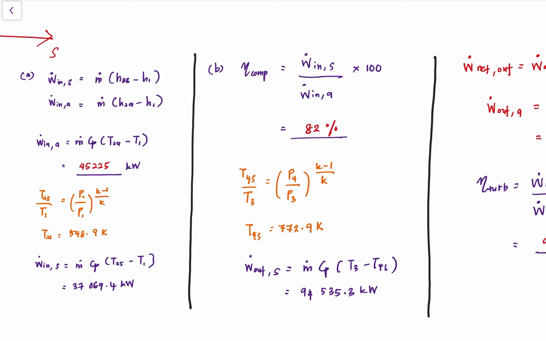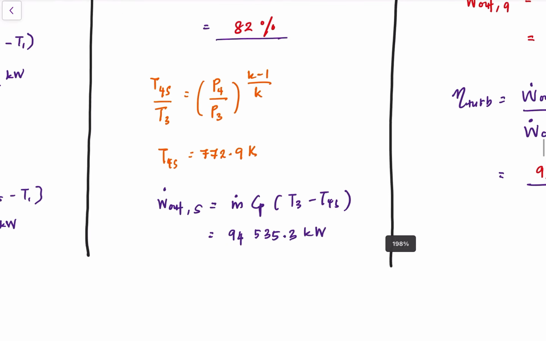The first step is to find T4S by using this isentropic relation: T4S over T3 equals P4 over P3, power of k minus 1 divided by k. Once you substitute all the necessary values, you get T4S as 772.9 Kelvin. You already have the value for T3.